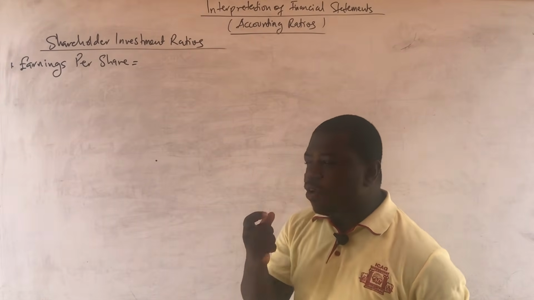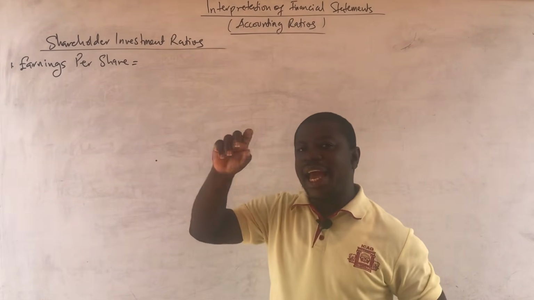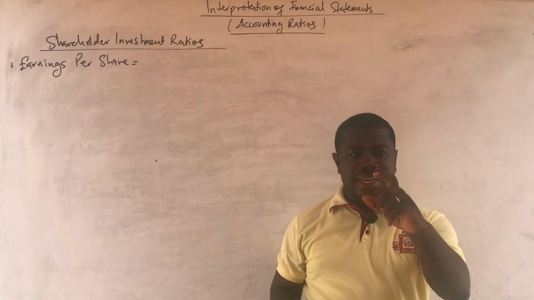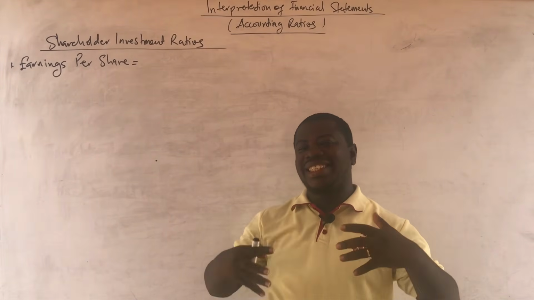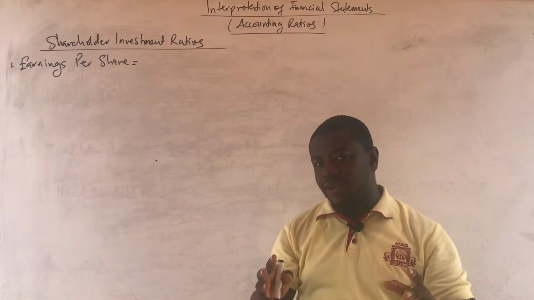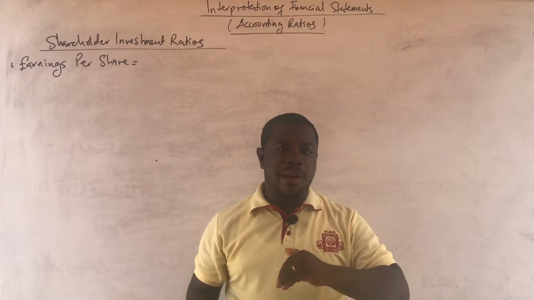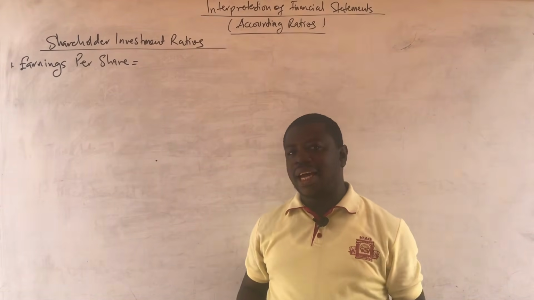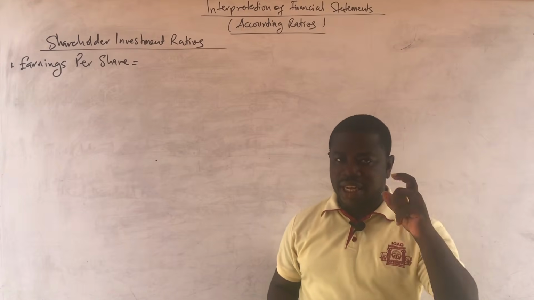Now, what is the meaning of earning? We cannot get the earnings per share if we don't know what earnings is all about. Now, earnings, when we say an ordinary shareholder has earned, what is the figure? What is the yardstick? What do we use to measure? Remember that we have to pay our interest, pay our tax, and get net profit after tax.